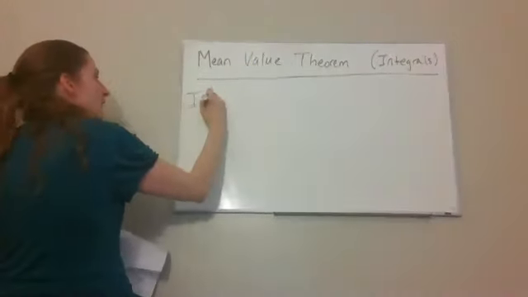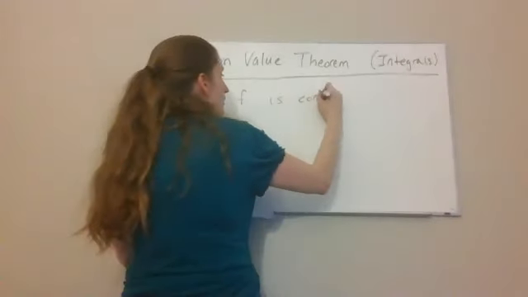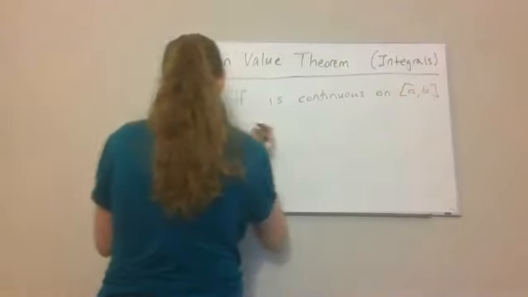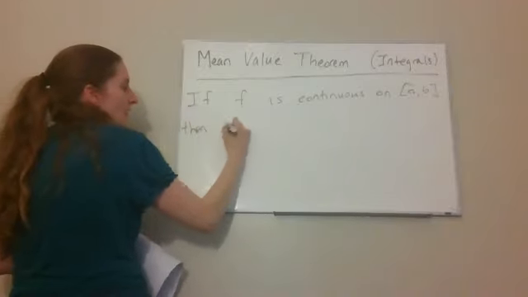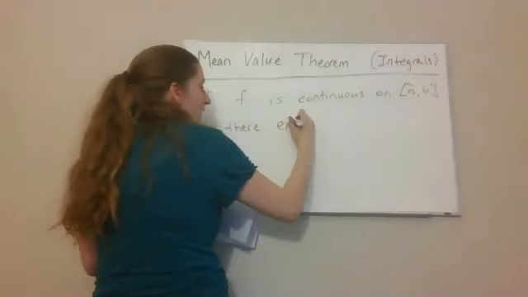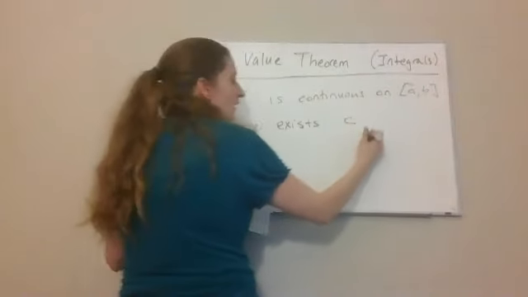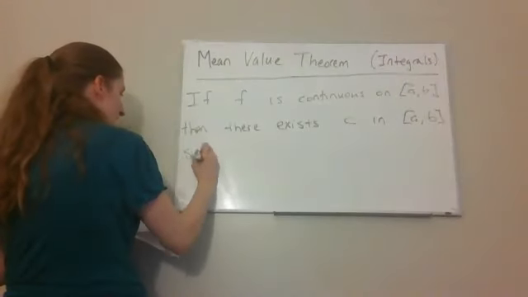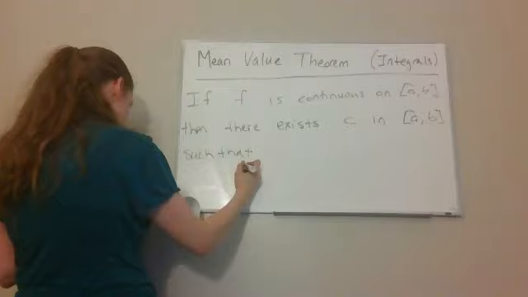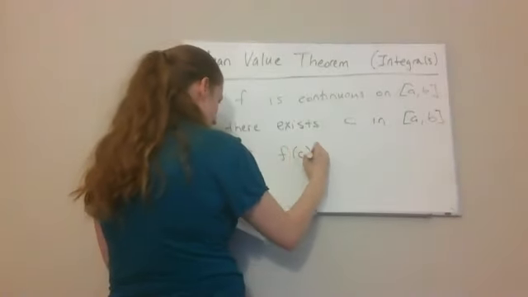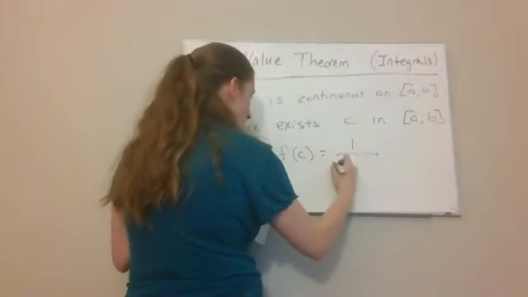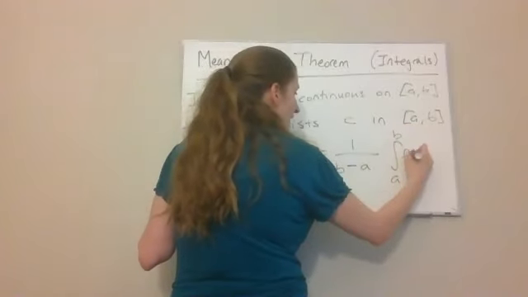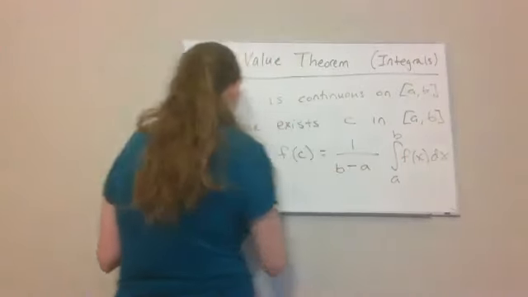Which says if f is continuous on [a, b], then there exists some c in [a, b] such that f of c equals 1 over b minus a, the integral from a to b of f of x dx.